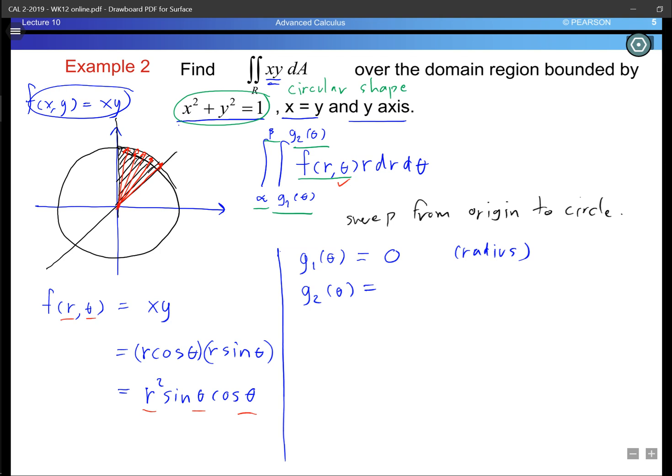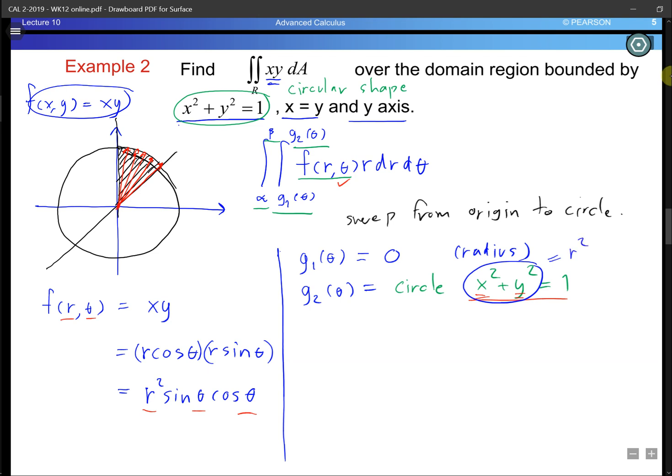We know that outer function is circle, and this circle is x squared plus y squared equal to 1, right? We cannot use this because it's in terms of x and y. So we need to do some transformation from this Cartesian variables to polar variables. So from before, we know that x squared plus y squared equal to r squared.